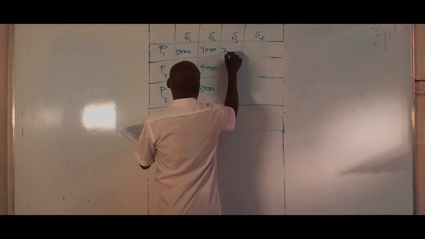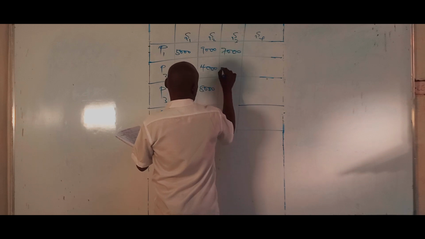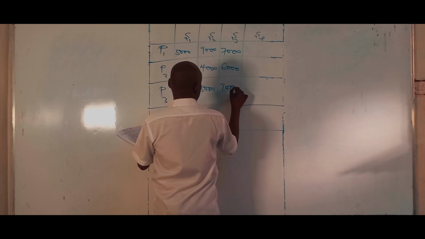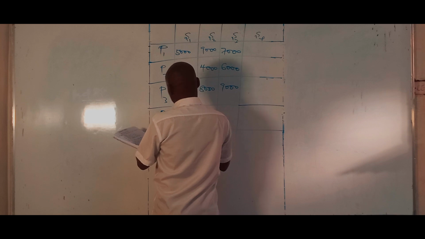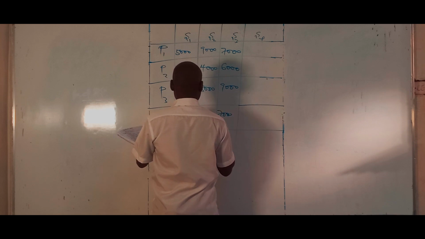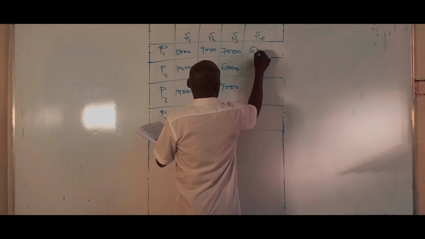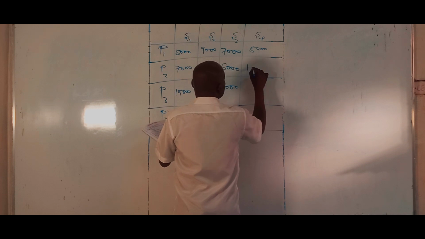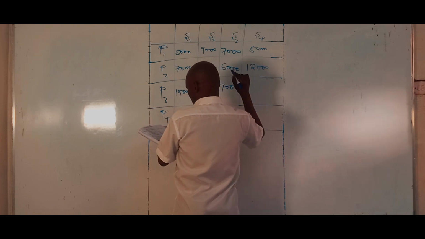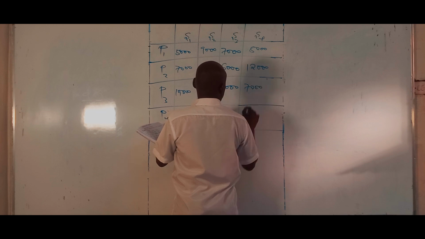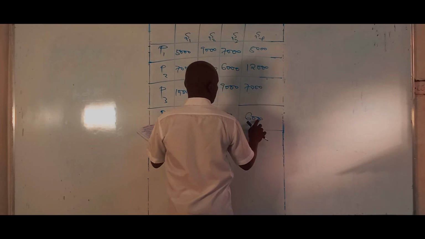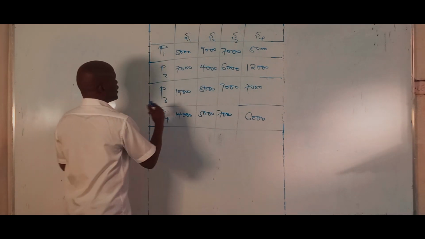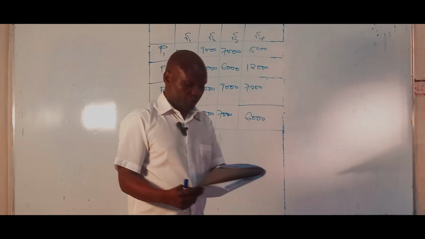Here we have 7,000, 6,000, 9,000, 7,000. We have 8,000, 12,000, 7,000, 6,000, 6,000, 6,000. So that's the table that we have, and it is the payoff matrix.